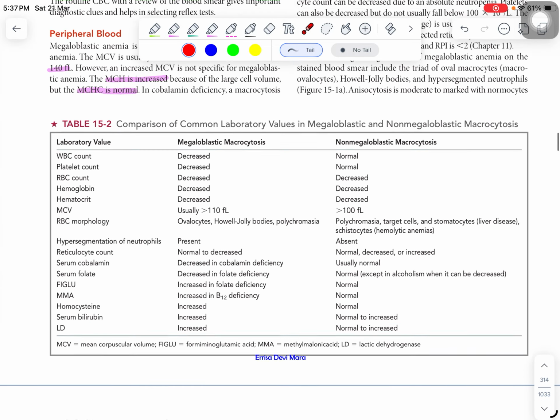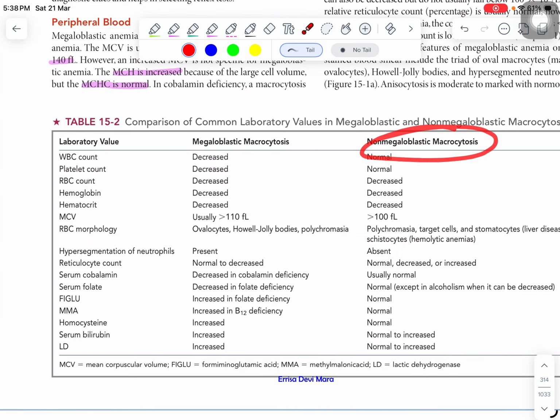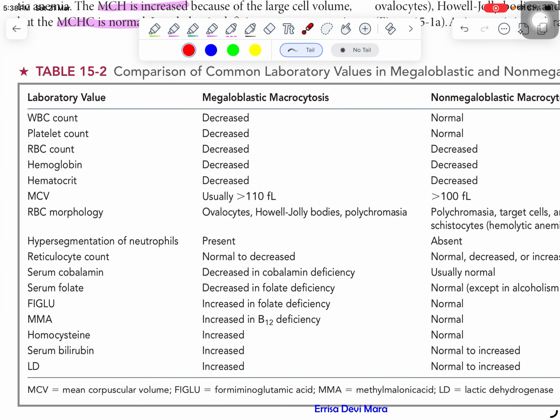Here we see the differences between non-megaloblastic macrocytosis and megaloblastic macrocytosis. In megaloblastic anemia, WBC, platelets, RBC count, hemoglobin, and hematocrit are decreased. Usually MCV is high. RBC morphology shows ovalocytes, Howell-Jolly bodies, polychromasia, and hypersegmented neutrophils.